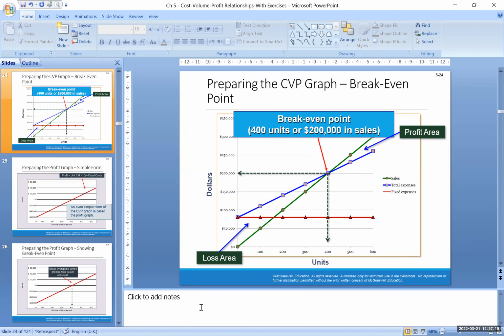Now, the point where these two lines, total revenue and total cost, cross is the break-even point.